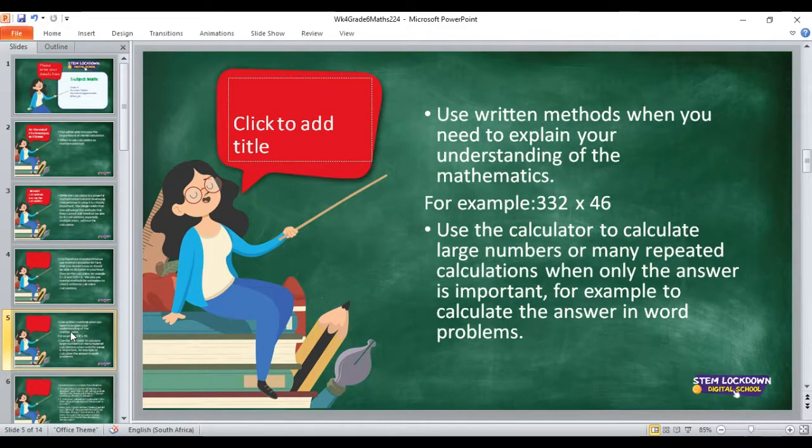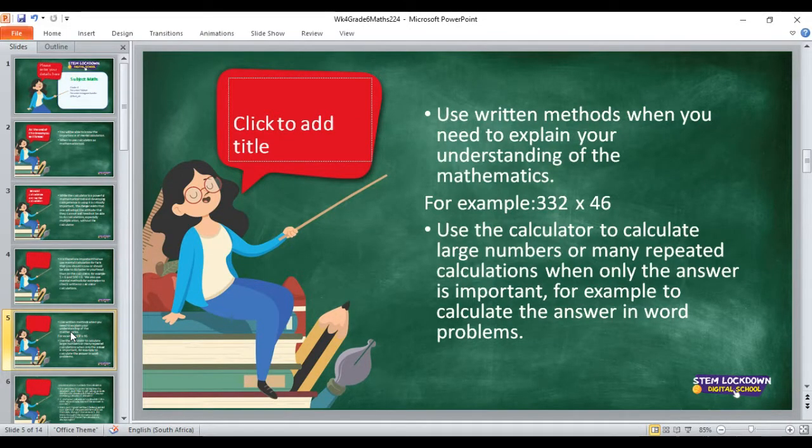Also, we use written methods when you need to explain your understanding of math. When you need to explain your understanding of the mathematics, then you use your written methods.